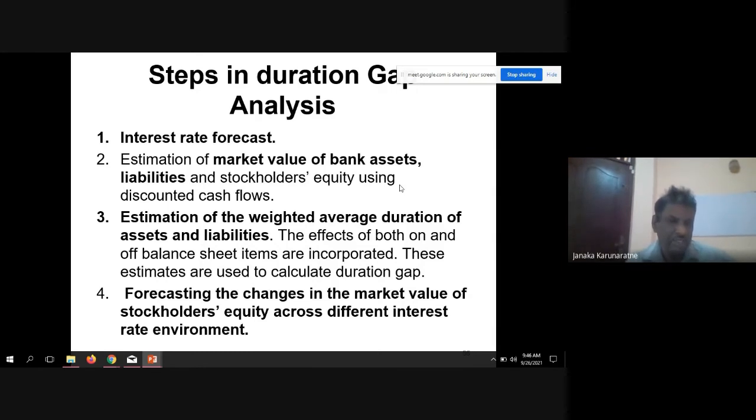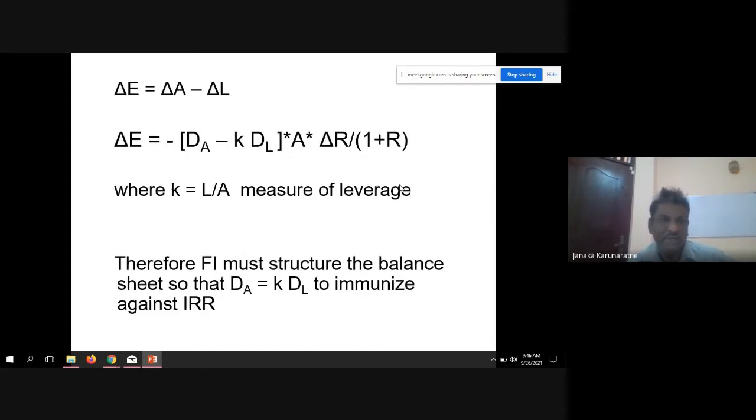So then use the duration concept and forecast the changes in the market value of equity, that is this part, across different interest rate environments. That is, interest rate moves up by a certain percentage, interest rate moves down by a certain percentage, and see what could be the impact depending on your forecast. Right?